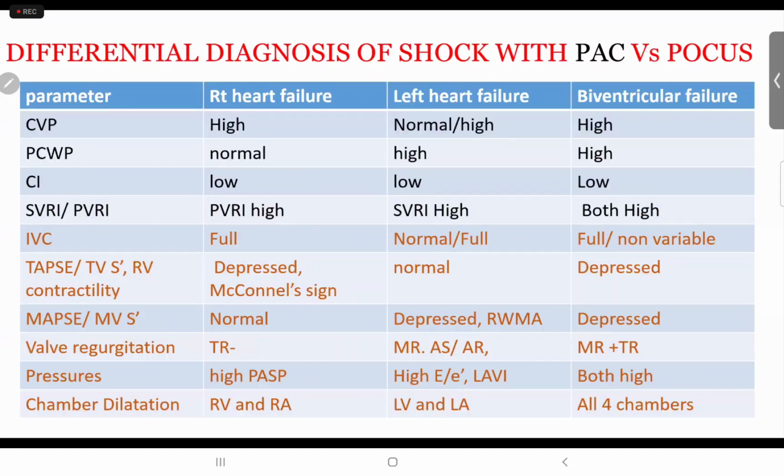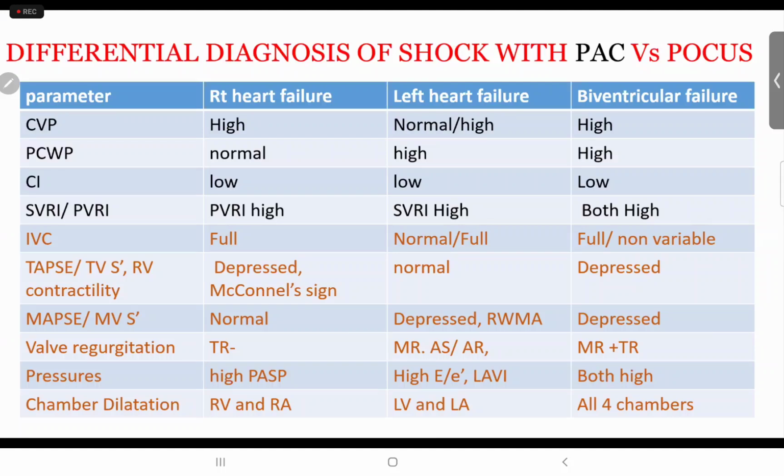Again, differentiating between right and left heart failure, you can definitely have immense help from point of care ultrasound, where previously known indices, we rarely use the pulmonary artery catheter nowadays for obvious reasons. But we definitely use these echo-based or ultrasound-based indices, starting from the inferior vena cava, whether it is full or empty. It can be full in both right and left heart failure.